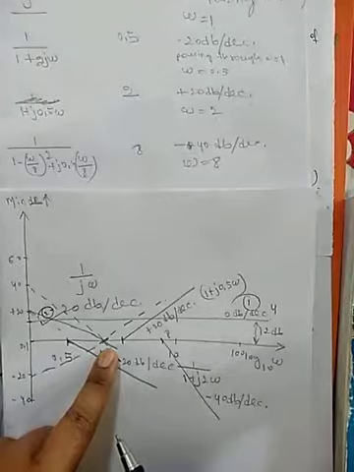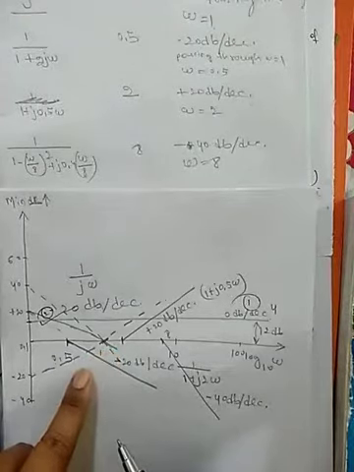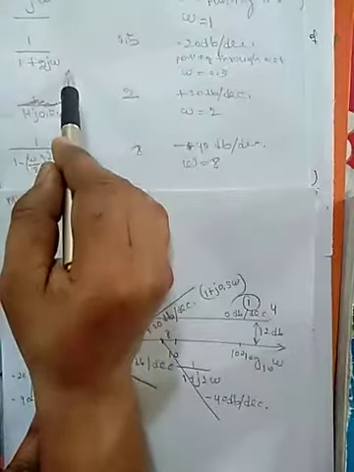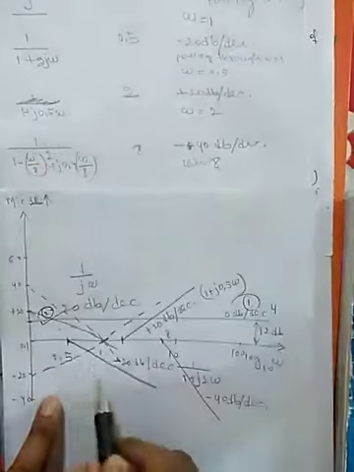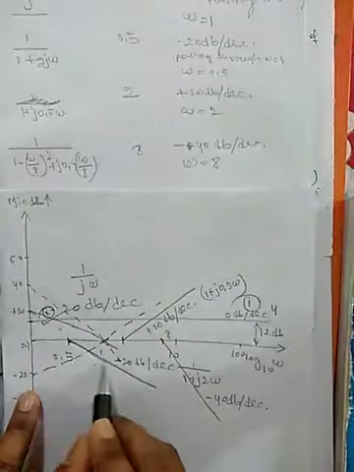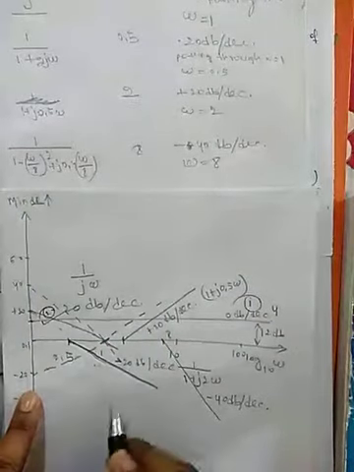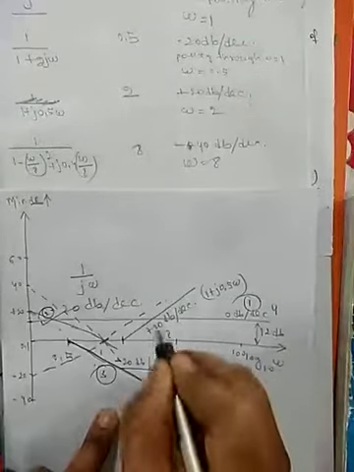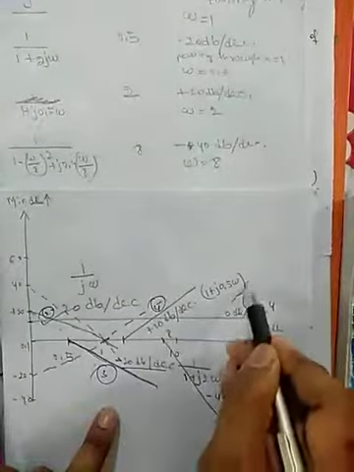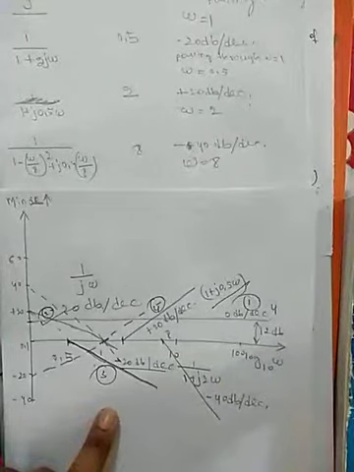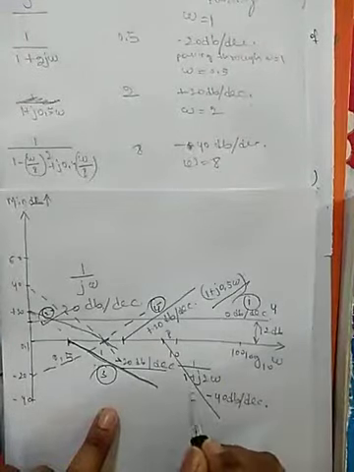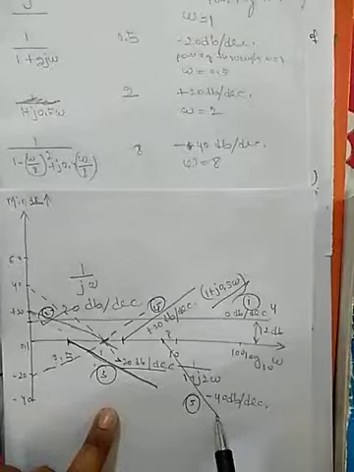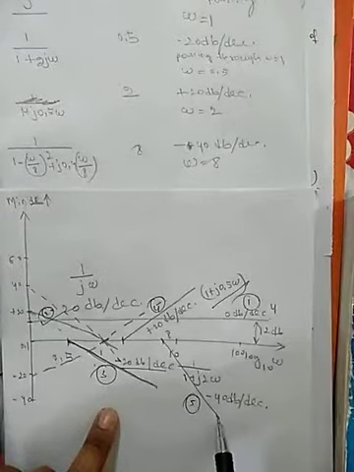The next one, the simple pole 1 by 1 plus 2 j omega, this one has slope minus 20 dB per decade. This is the third one. The fourth one is the simple zero, and the fifth one is the pair of complex conjugate poles.